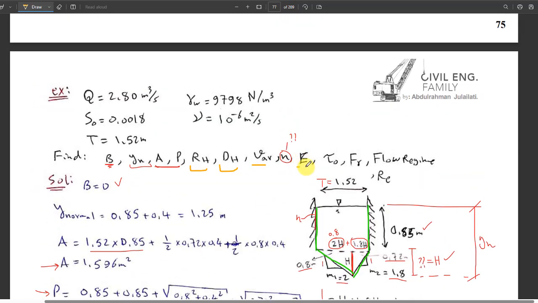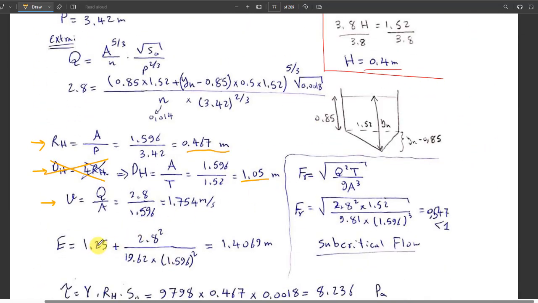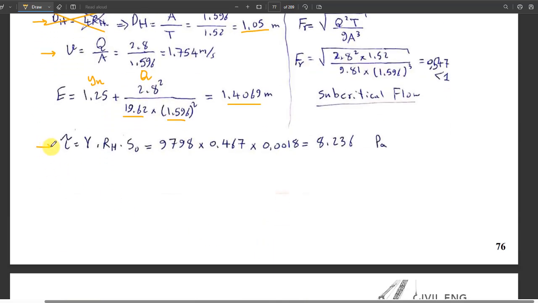Then energy, what is the energy? We know it is Yn plus Q squared over 19.62 area squared. We have the area, we have Q, everything is given, or just found. Therefore, we can get the answers directly. Okay, then, what is next? Finding the shear stress.